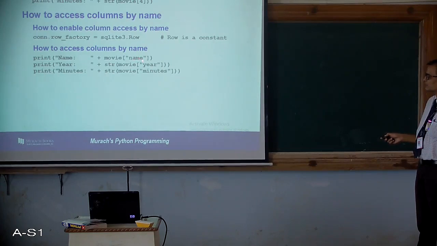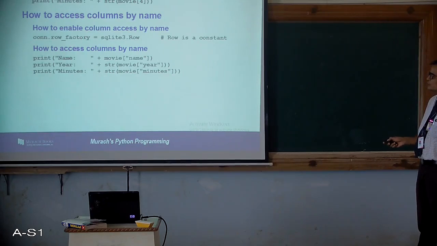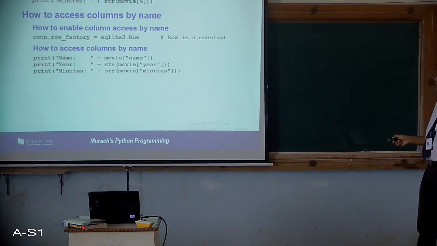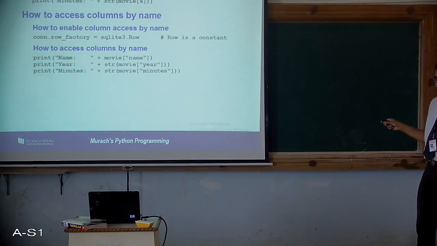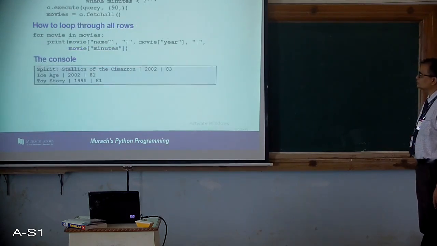For example, name will get you the movie name, year will get you the year of release of that movie, and minutes will get you the duration in minutes of that particular movie. Even this is possible. So movie is the array or a dictionary which contains all the data related to a single record that is stored in a table.